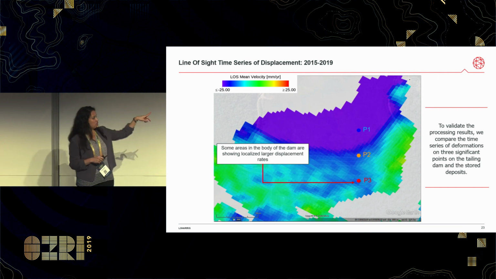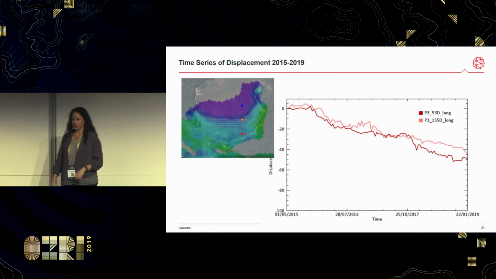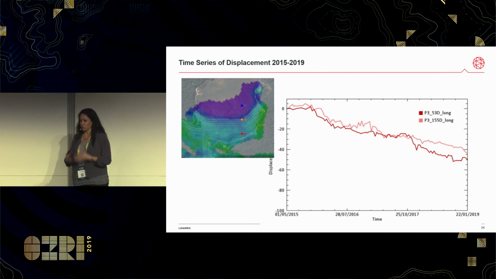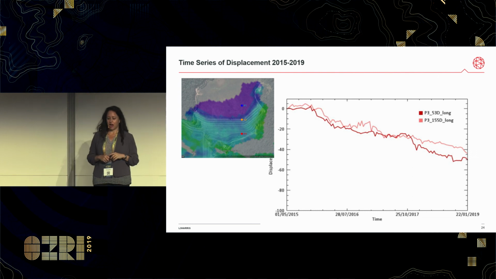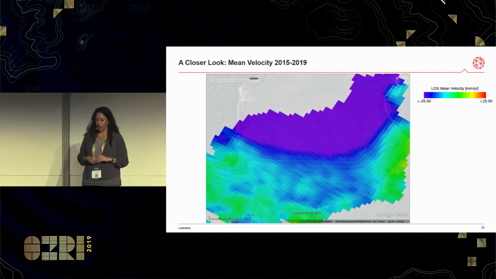At P3, the dark blue is upwards of 25 millimeters per year for the mean velocity. Again, we looked at the rate of displacement over multiple data sets to make sure we're not looking at anomalies, but at a trend over time. Yes, at that location across the years, there was about 40 to 50 millimeters per year displacement as well.